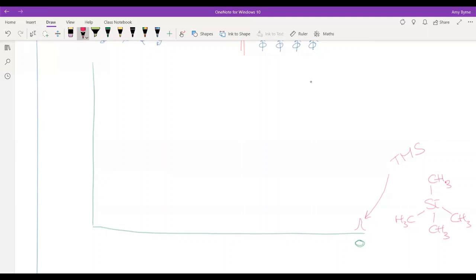So when you are looking at these, our graphs will have a series of peaks. Let's do that. So this is at 10 and this is at 2.1.